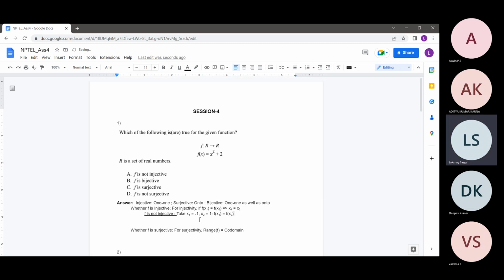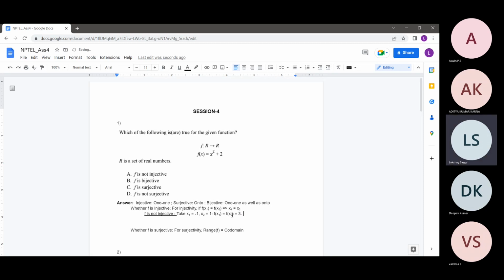Putting in x, we take two values like -1 and 1, and we can see easily that f of x is x squared plus 2. So -1 squared as well as 1 squared is 1, plus 2. So f of -1 and f of 1 both give us 3. So f of x1 is equal to f of x2, which is equal to 3.